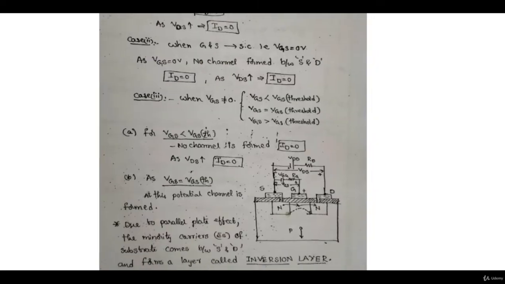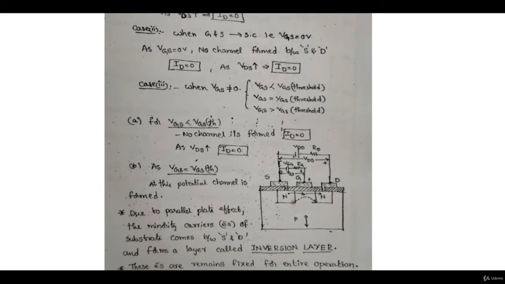Now second case, when you provide VGS equal to 0 volt, meaning it is short circuit, still it is not enough, meaning the channel will not be formed between the source and the drain. You can see the substrate is of P type, over which we have made a section of N type and another section of N type, so that they behave as source and drain.